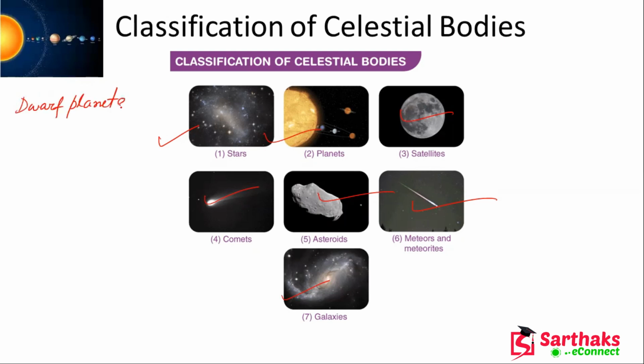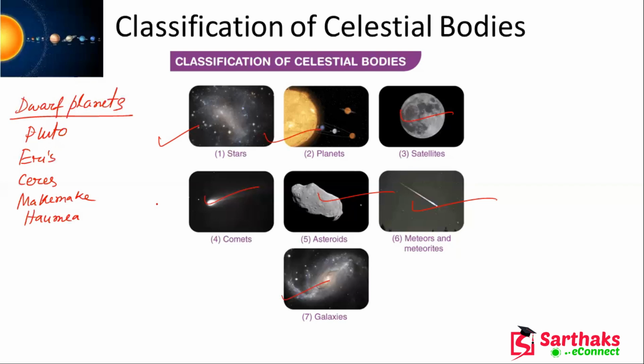Here I am describing dwarf planets, like Pluto and Eris. There are also different minor planets, and asteroid belts, trojans, and centaurs.